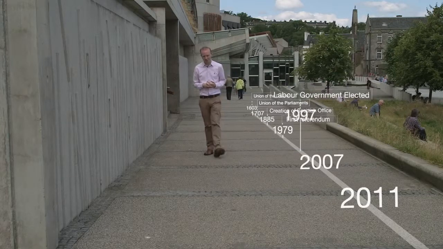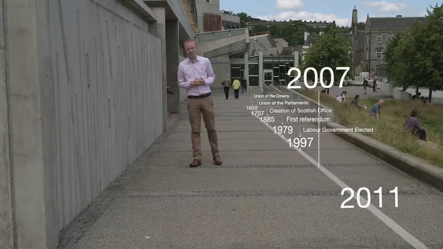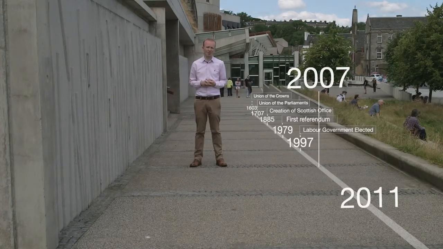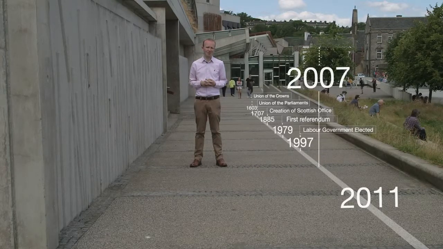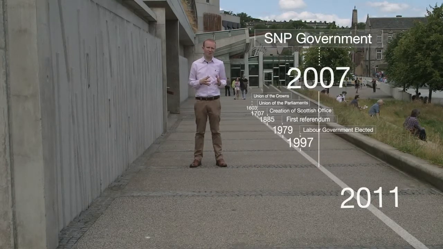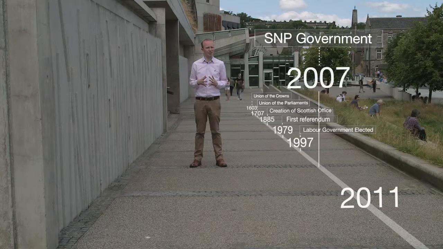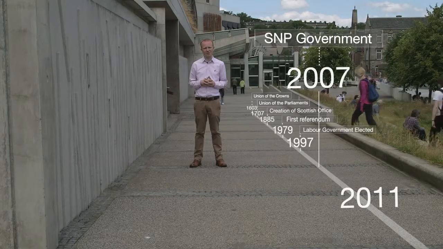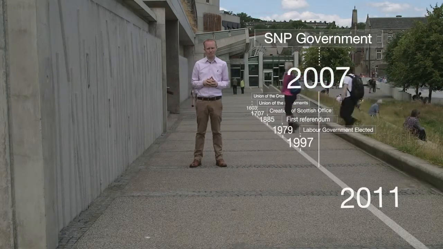Moving forward from there, the first two terms of the Scottish Parliament were controlled by a Labour and Liberal Democrat coalition government. We then move on to 2007, where for the first time we have an SNP government. So we have a Scottish National Party minority government in the Scottish Parliament, which rules for the next 4 years.